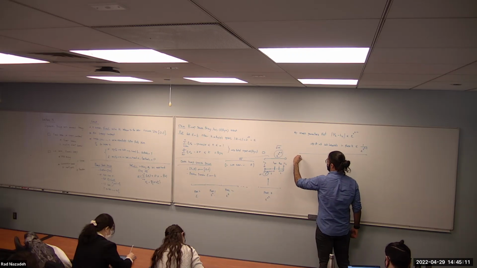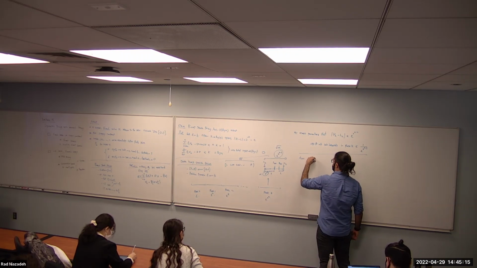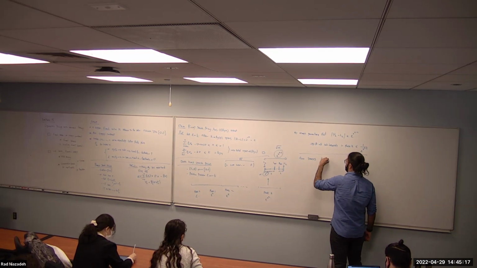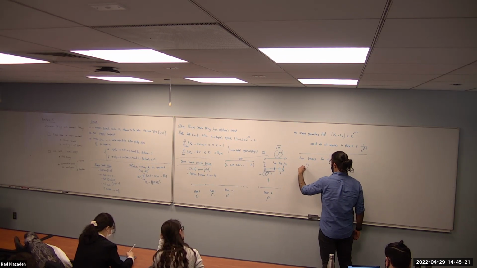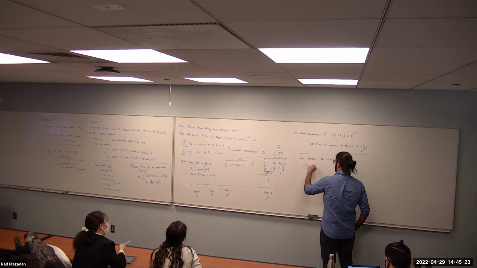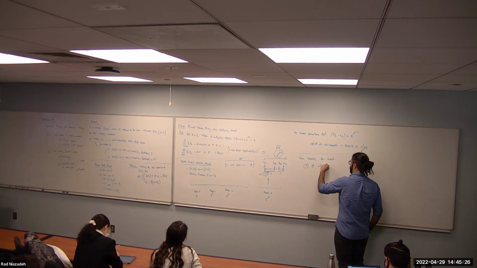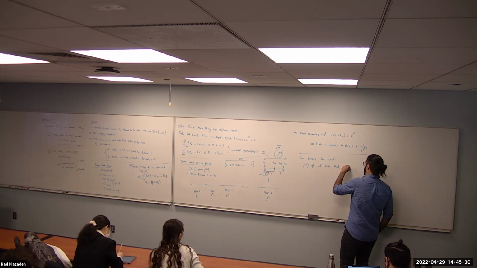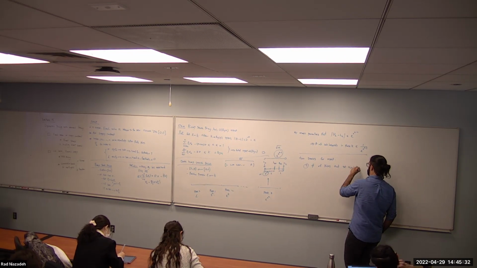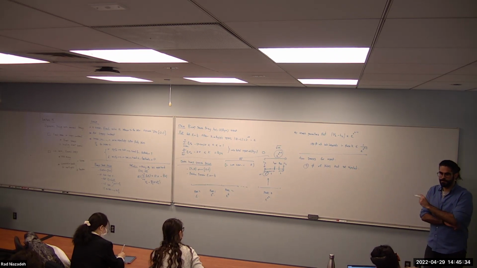So, two sources of regret. Source number one: the number of prices that get rejected. How many prices get rejected, at most?